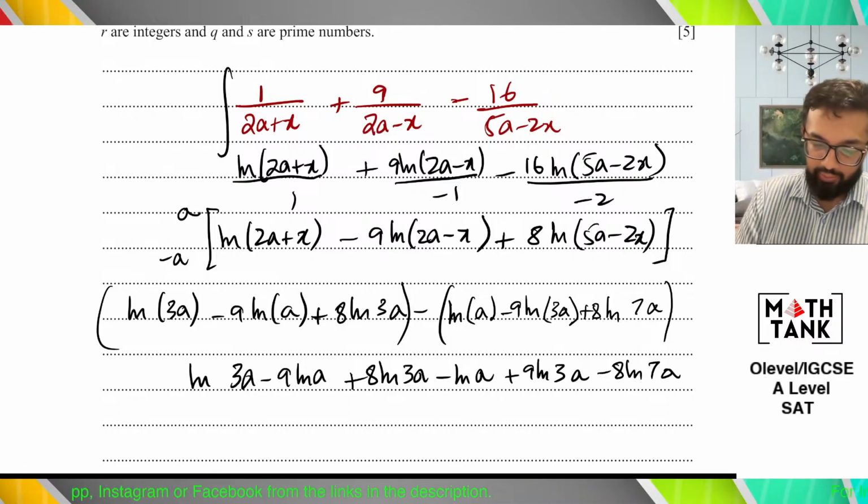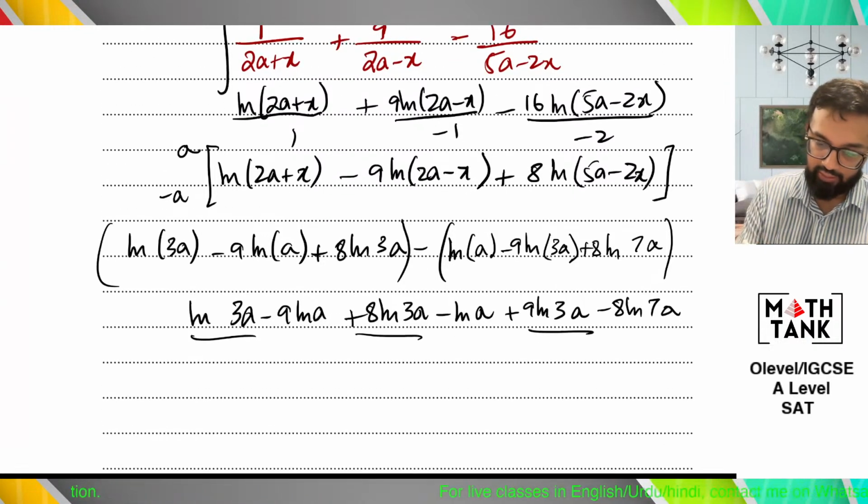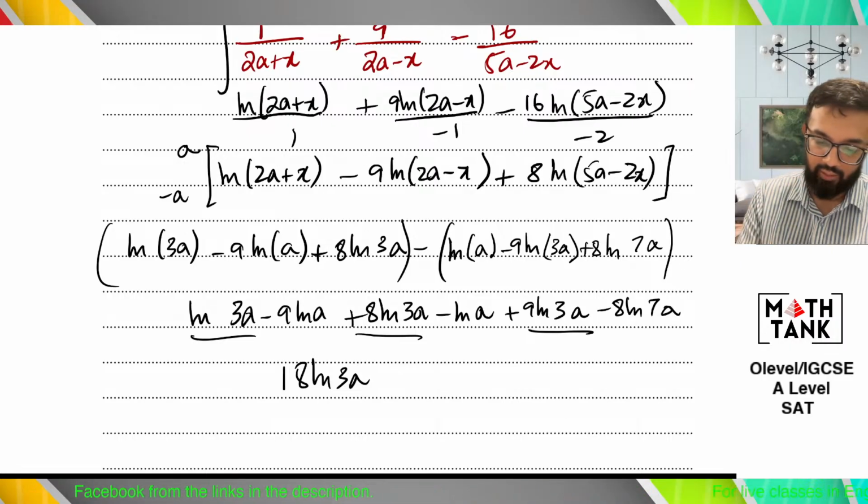Okay, so what are the terms with 3a? 8 plus 9 is 17, 17 plus 1 is 18. And minus 10 ln a and minus 8 ln 7a.